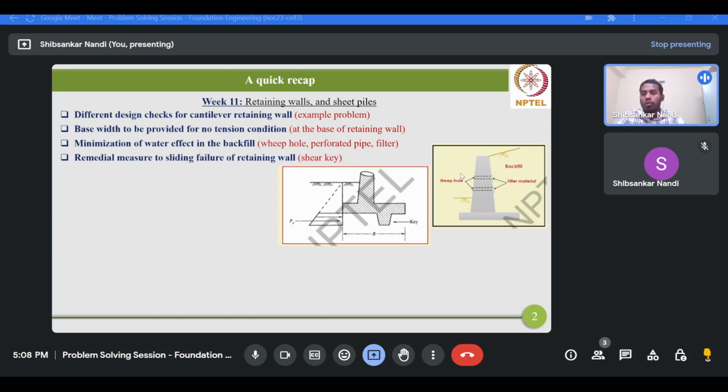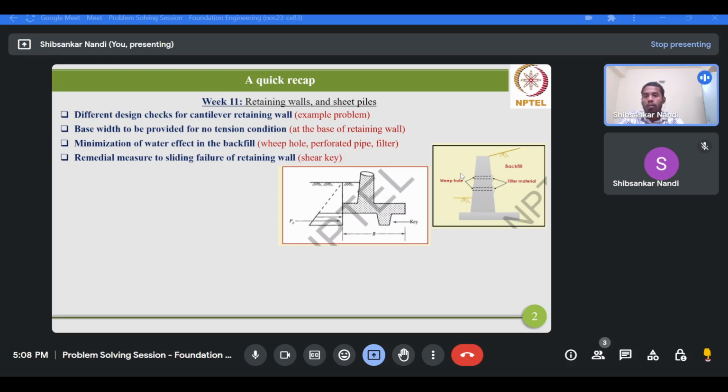Next, what should be the base width to be provided for no tension condition at the base of retaining wall? That aspect also we have learned from this week. And next, minimization of water effect in the backfill. So by different techniques we can minimize the water effect in the backfill because it's basically an undesirable condition for geotechnical engineers.